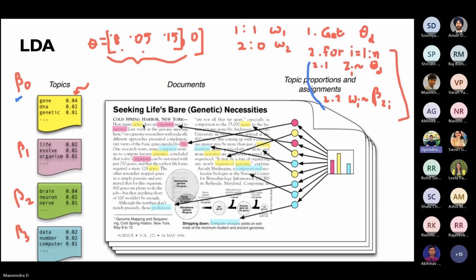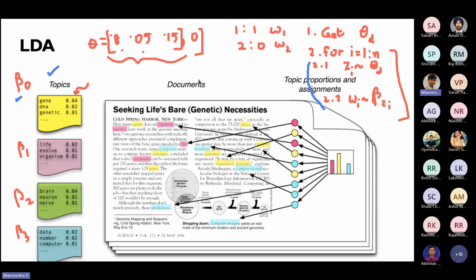So Wi is generated by looking into the topic words? Yes, from here. In Zi we are identifying which component of theta we need to go to, and based on that we go to the corresponding beta.